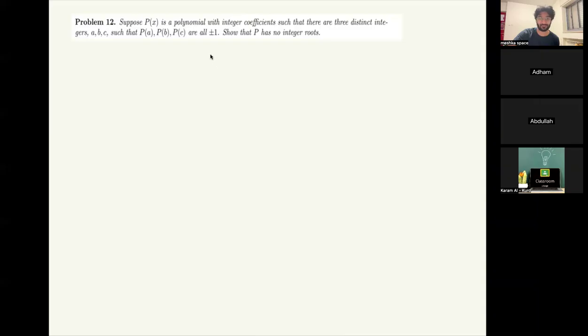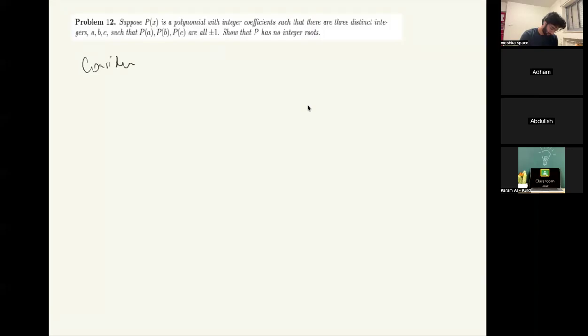There's kind of a trick to this one. Somehow this whole plus or minus one business is kind of the red herring. We could have actually just gotten rid of it. So how do we do that? Suppose we have this polynomial P with this property.